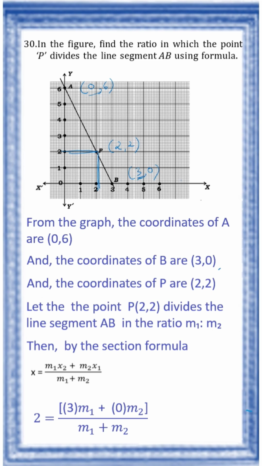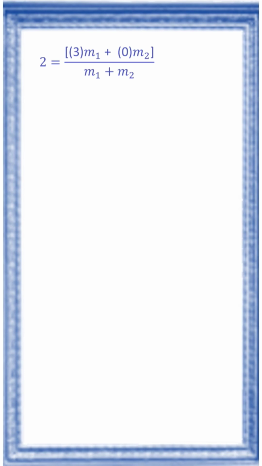Let us substitute the values. Now let us simplify. So 2 is equal to 3 into m1, 3m1. This becomes 0. So 2 is equal to 3m1 upon m1 plus m2.